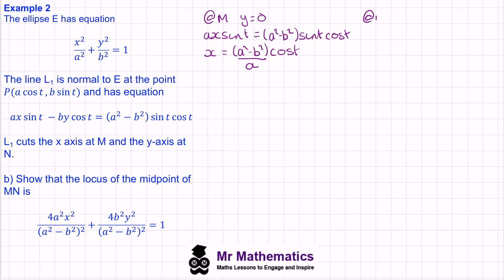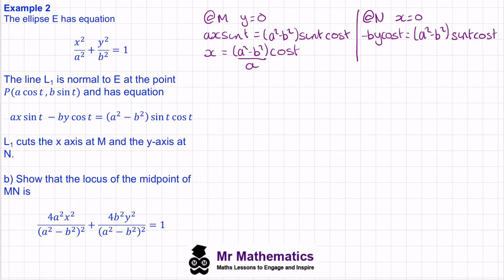And at N, we know x equals 0. And if x equals 0, then a x sin t becomes 0. So we're left with, I'll just block this off, minus b cos t will equal a squared minus b squared sin t cos t. We'll make y the subject, so we'll divide both sides by negative b cos t.